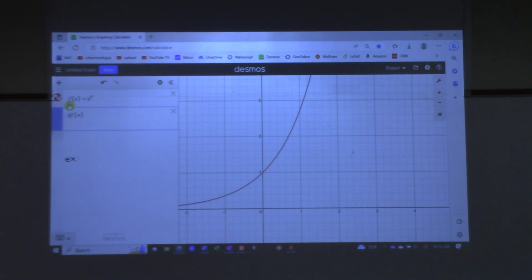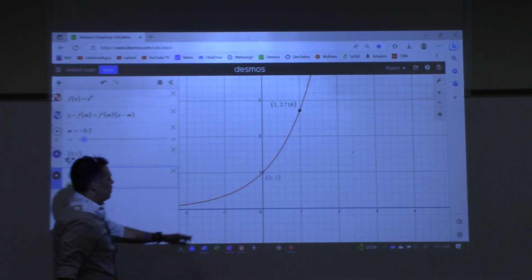I can't type today. Okay, I'm going to plot some points here. Okay, those 2 points live on that graph.